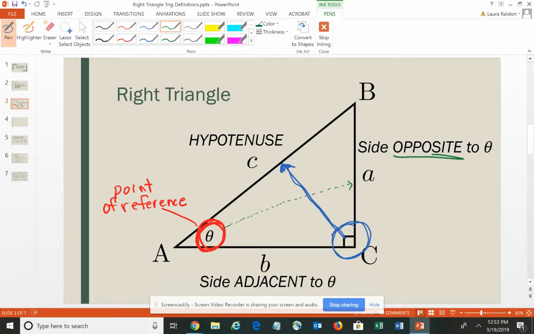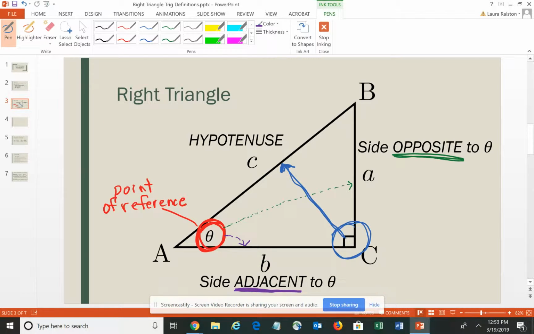It's actually the leg, leg A if you want to think about it, but it's opposite our angle, which is our point of reference. Then you have the side that is next to the angle you're interested in. The word is adjacent. It's next to the angle.